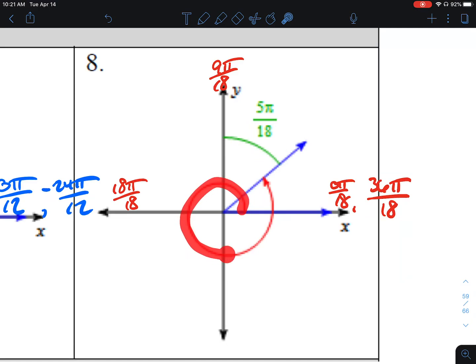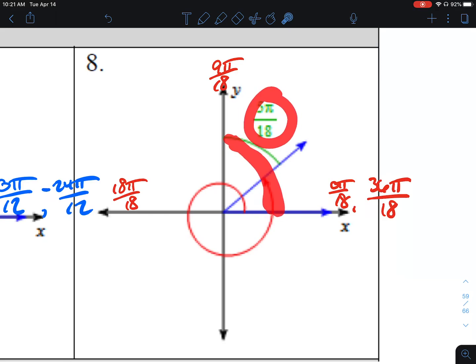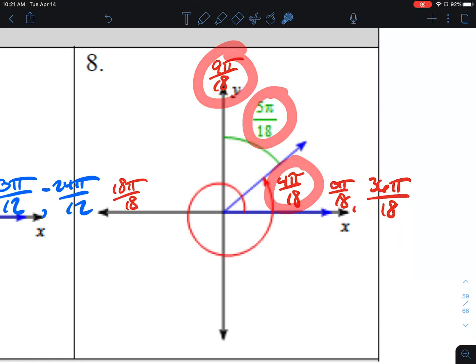The complete revolution to here gets us 36 pi over 18. And then from here to here is 9 pi over 18. We've used 5 pi over 18. That must mean this here is 4 pi over 18. Because 5 pi over 18 plus 4 pi over 18 is 9 pi over 18.